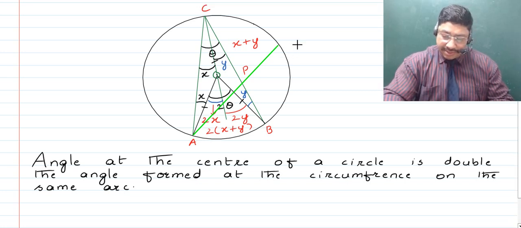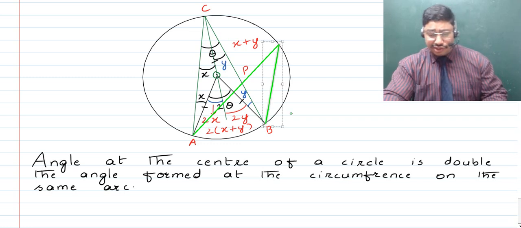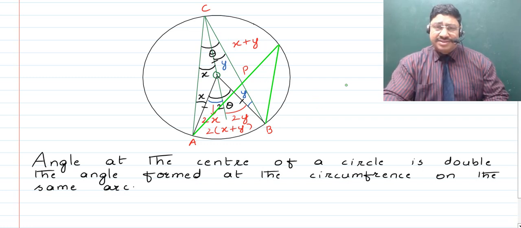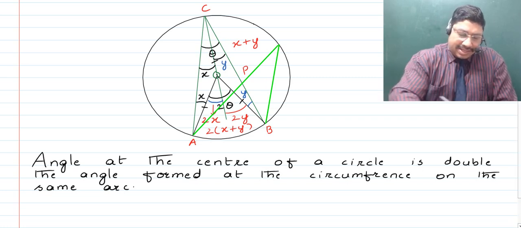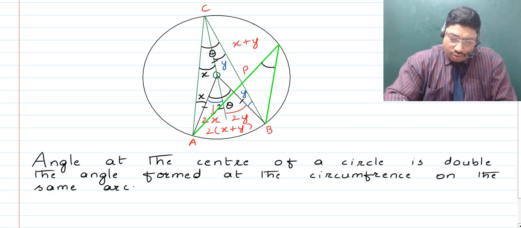So our theorem is that angles which are on the same arc of the circle at the circumference are equal in value. So if you talk about this angle to be x plus y, then this angle also is x plus y.